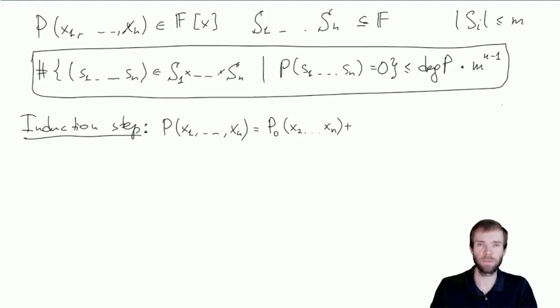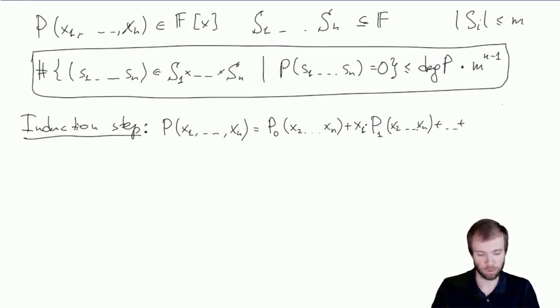Then we'll take all the remaining monomials that have variable x1 in exactly first degree in them, and we'll take x1 away from them, and they together without x1 will be named p1 of x2 through xn, and so on and so forth.